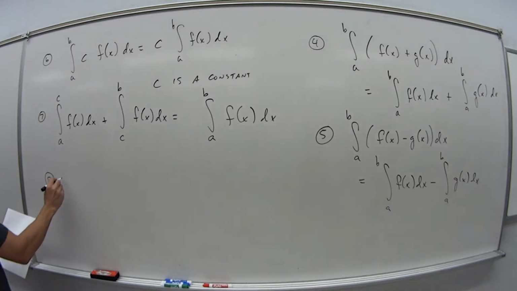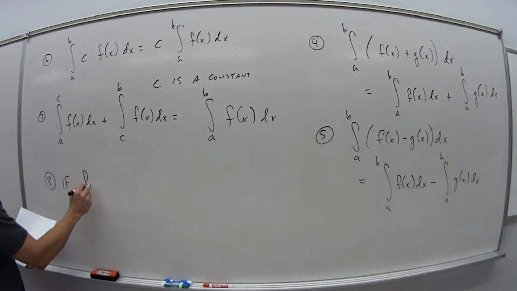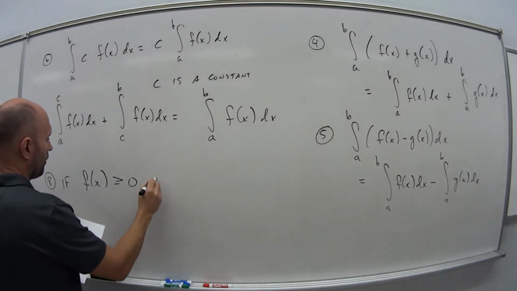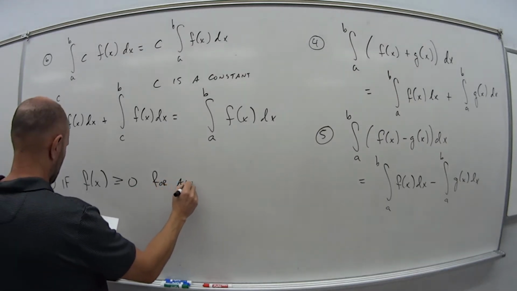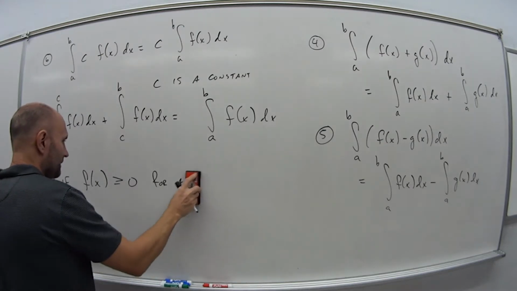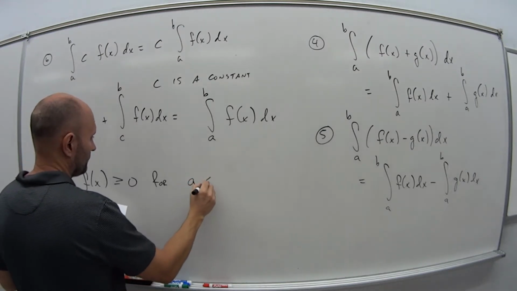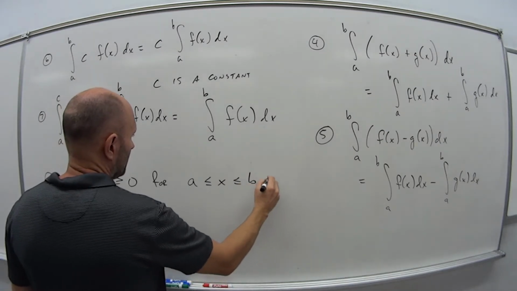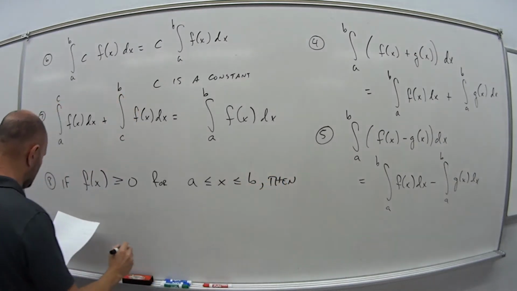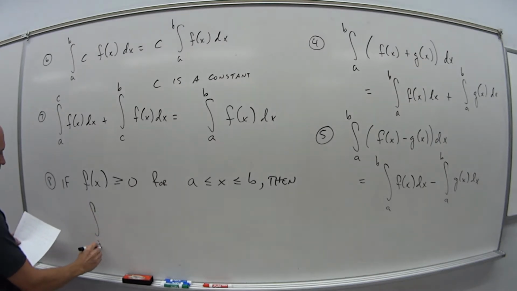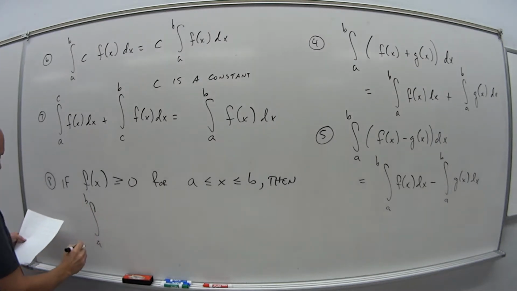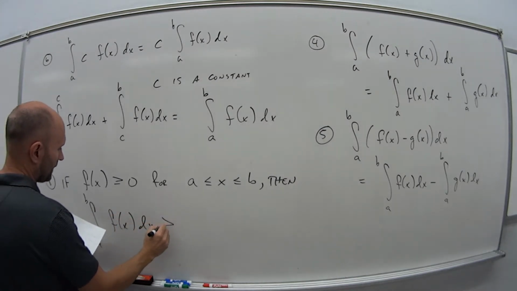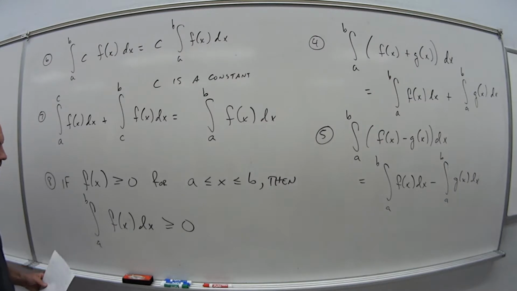Number 8, if f of x is greater than or equal to 0 for all x with a less than or equal to x less than or equal to b, then the integral from a to b of f of x dx has to be greater than or equal to 0.